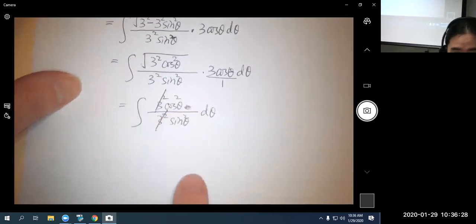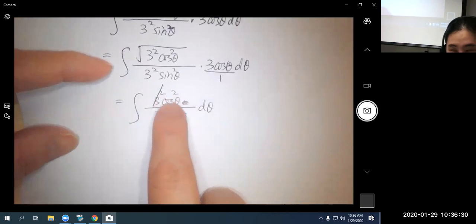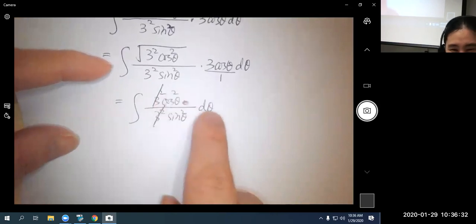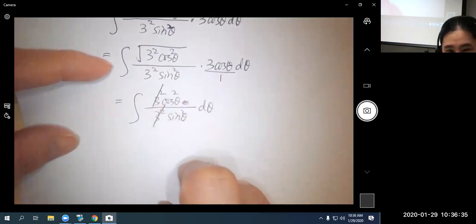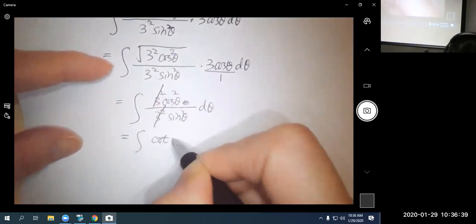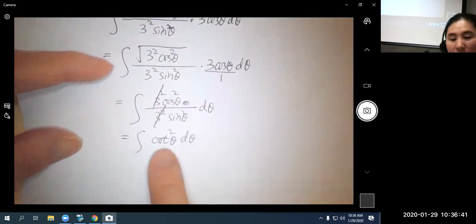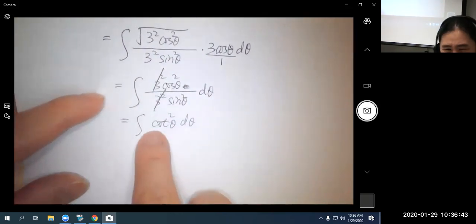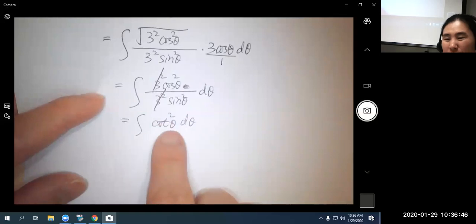So here, either you can write it as cotangent squared theta, but eventually we still have to split it. Okay, let's do it this way. There are other different ways to do it. Cotangent squared theta has no antiderivative.